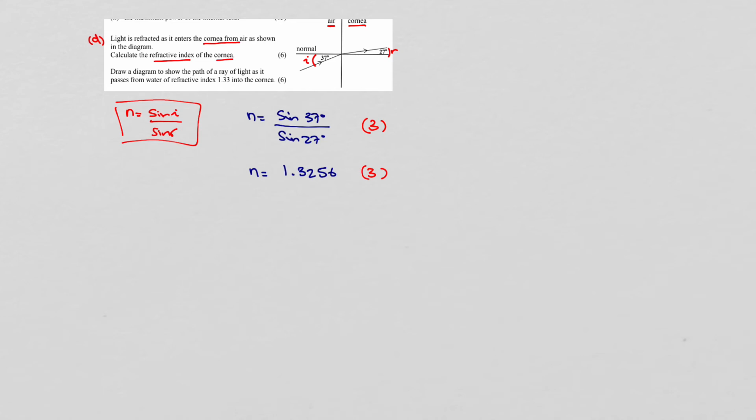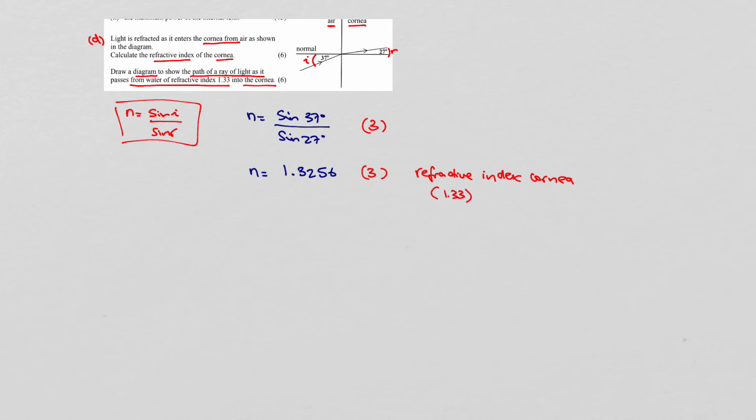So the second part in this question here is asking us to draw a diagram to show the path of the ray of light as it passes from water of refractive index 1.33 into the cornea. Now, if we look at the refractive index of the cornea we've just calculated, we can see that it's 1.3256, which really is 1.33.